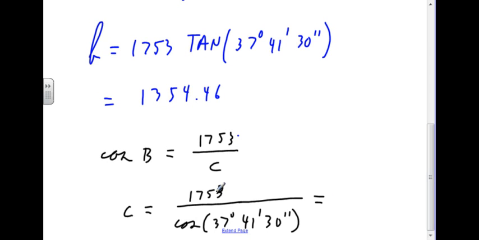Okay, so 1753 divided by cosine 37, go to math, degrees, minutes, seconds, 41, go to math, degrees, minutes, seconds, hit the 2 button, and then 30, math, degrees, minutes, seconds, hit the 3 button, close parentheses, boom, and I end up with 2215 meters.